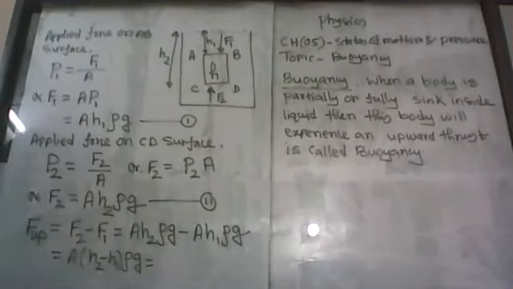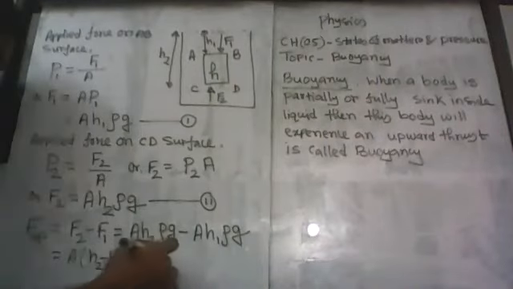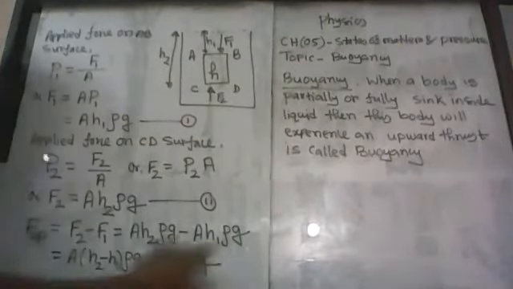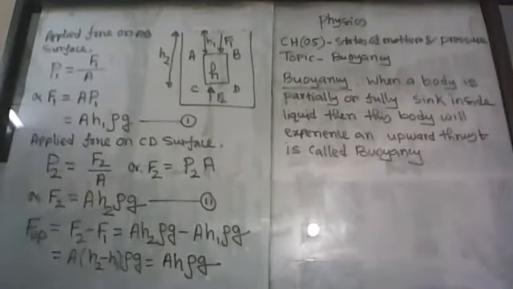So it is A H rho G. This is the first formula for the buoyancy force applied on this cylindrical shaped body.